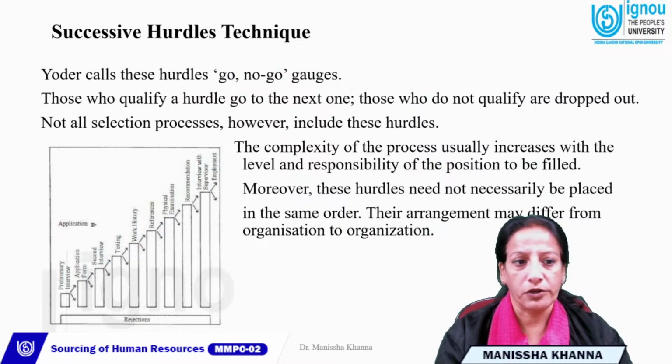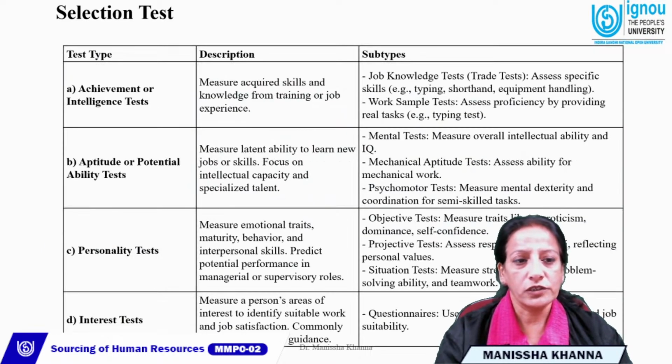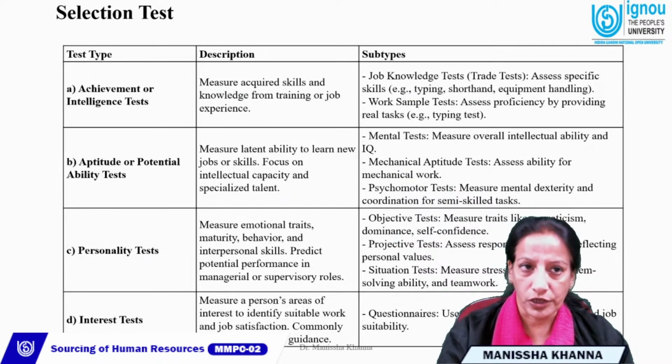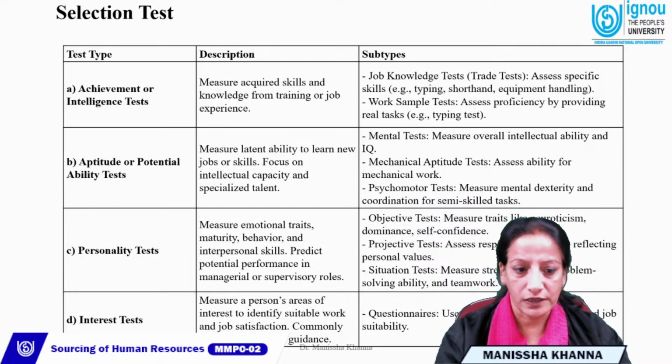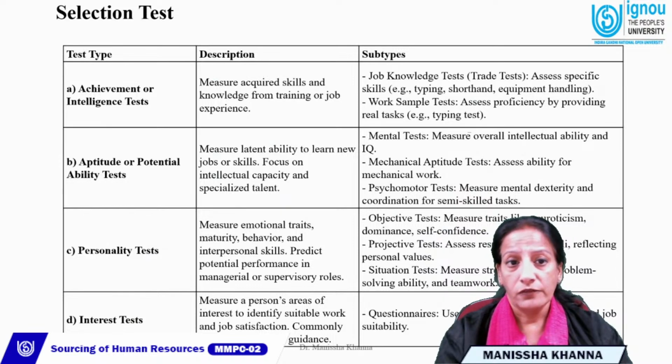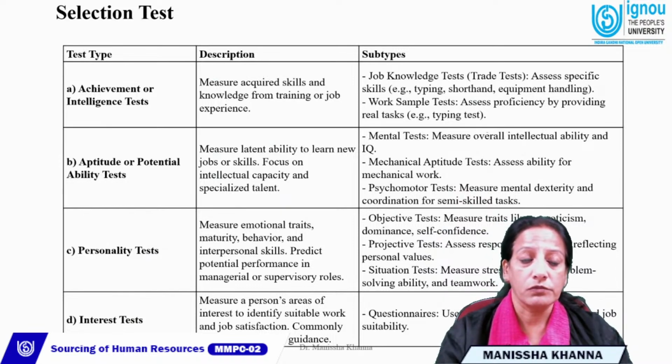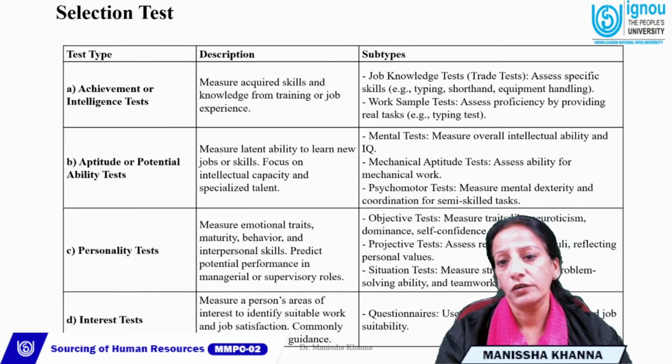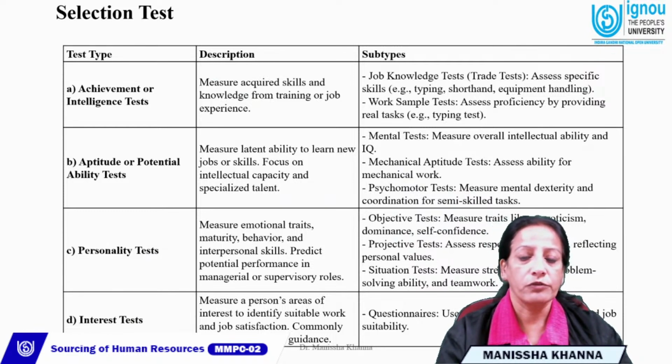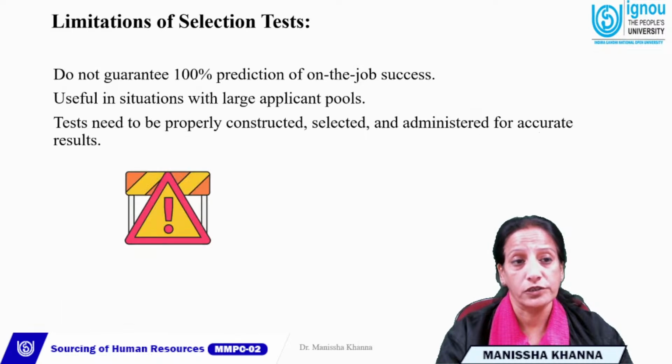otherwise they drop out. So selection tests are mainly achievement or intelligence tests, aptitude or potential ability tests, personality tests, interest tests. So these are the measures. These are the major tests which are required during the selection testing. It can be objective, mental test, aptitude test, or psychomotor test, questionnaires.